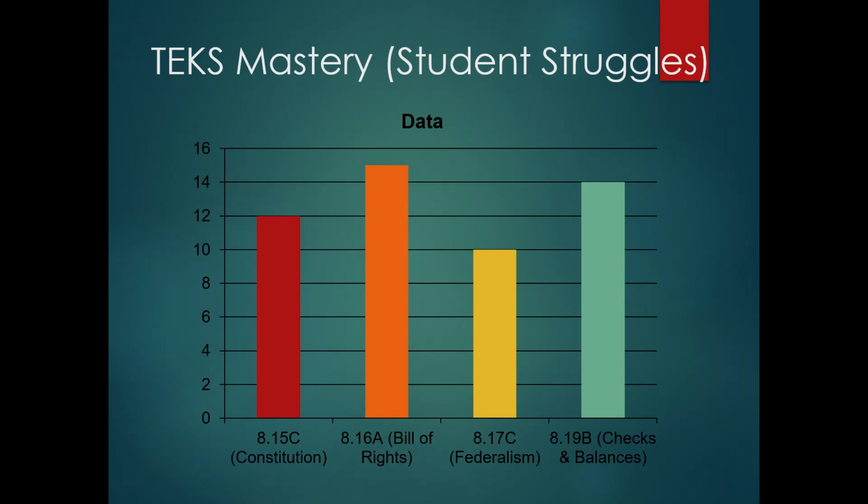Additionally, students showed difficulty with federalism, which is one of the guiding principles of government found in TEKS 8.17c, and the structure of the Constitution under TEKS 8.15c. These results indicate that students are struggling with foundational concepts that are related to how the government is structured and how it operates.